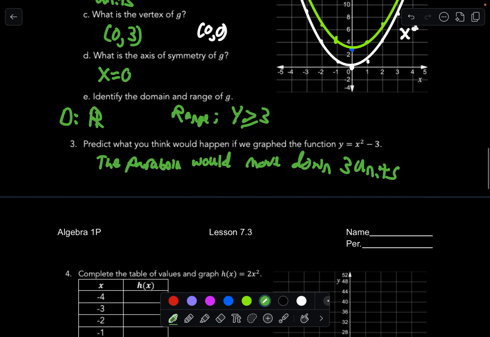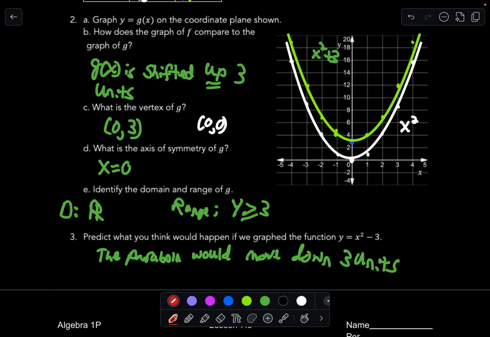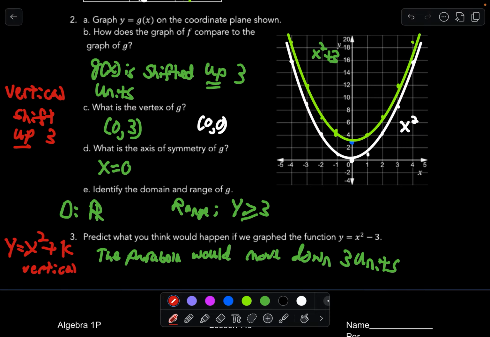And there you go. So, couple things. Up here, it's a vertical shift up 3. This is y equals x squared plus k, vertical shift k units.